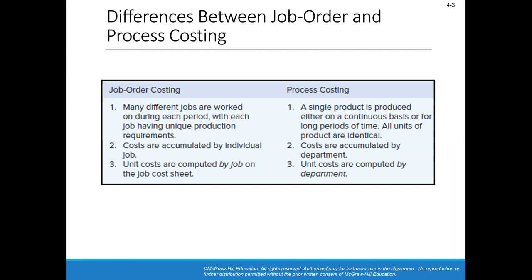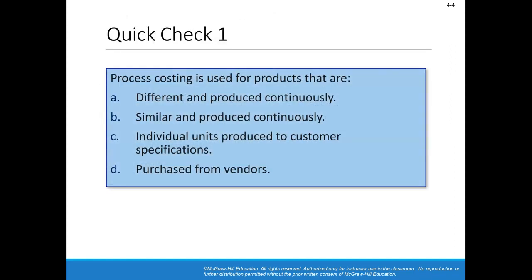So it's not going to be a job number. We just have this single product that's produced on a continuous basis. The costs are accumulated by department. So that is a little bit different than what we looked at before. And then the unit costs are computed by department as well. So we'll walk through an example of that later in the chapter.